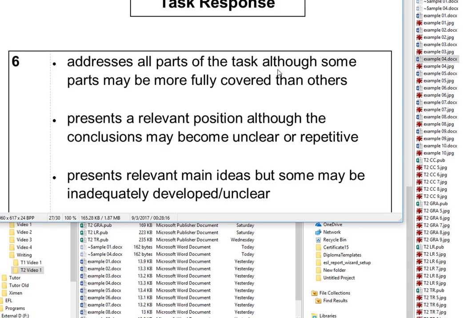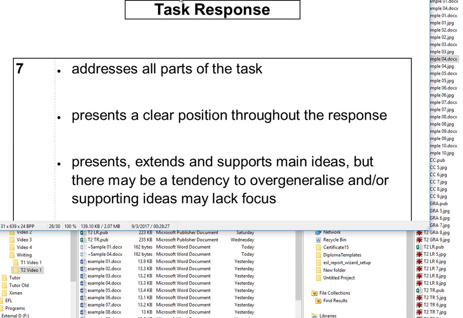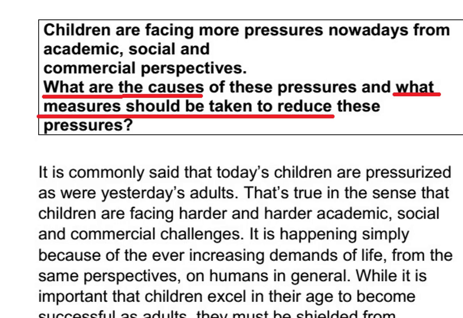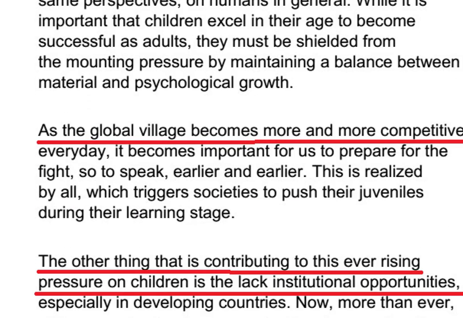Addresses all parts of the task, although some parts may be more fully covered than others. This is set as 6. Addresses all parts of the task. Presents a clear position throughout the response. Well, was this position clear?